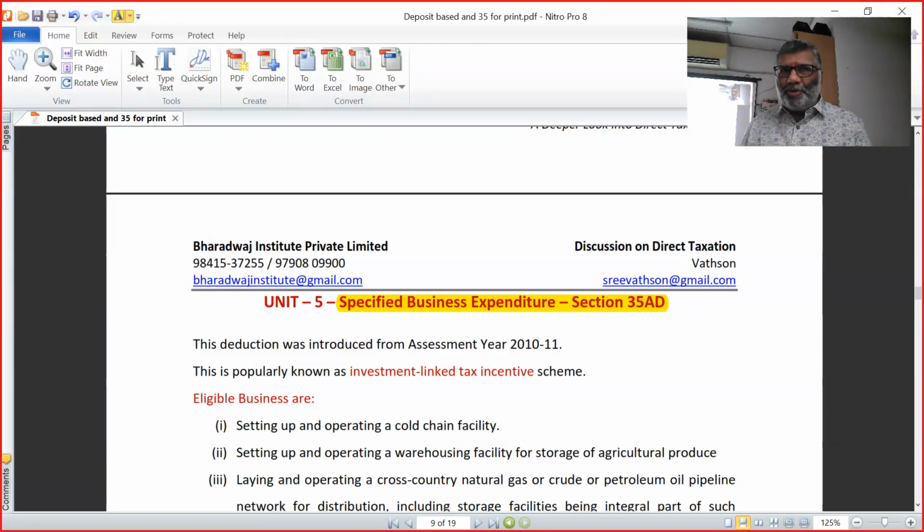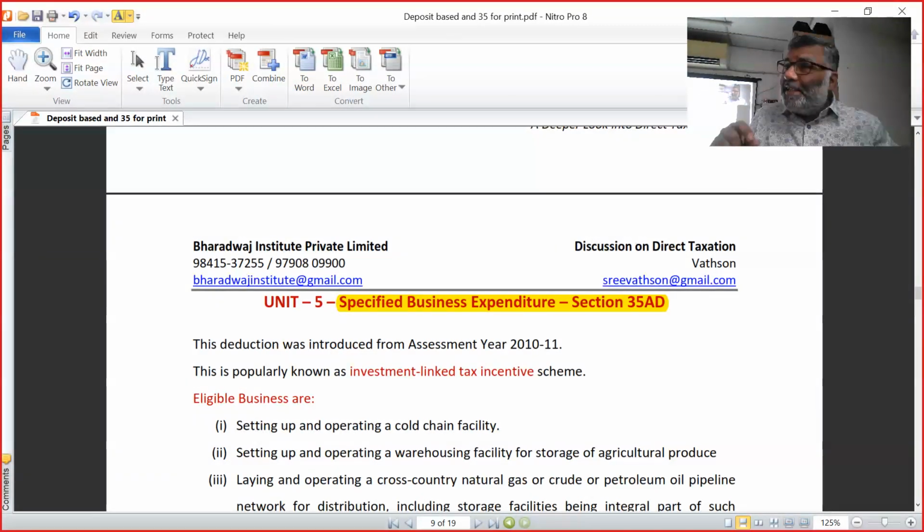Initially, during Madhu Dandavate's period, the thrust was more on 80H. You will never study that section, that is over with 2000. But I'm just telling you, it was deduction based. 100% of the profits will be allowed as deduction. 80H, HHA, HHB, HHC, it went a long journey. When Dr. Manmohan Singh came to the seat, he was more for exemptions than for deductions.